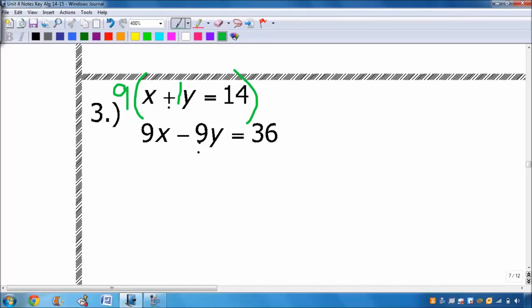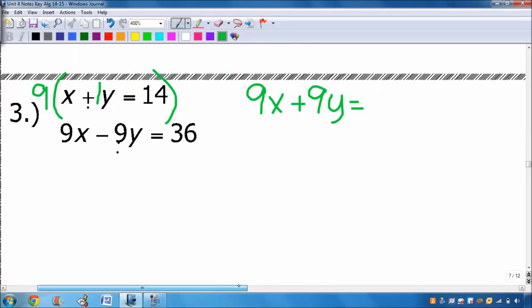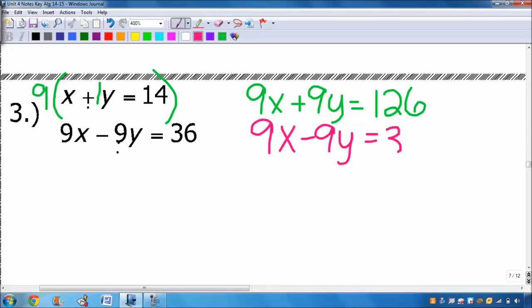Okay? So when I multiply it by 9, I end up getting 9x plus 9y equals 126. Okay, and then here I'm just going to copy the rest of this equation down, which is 9x minus 9y equals 36.